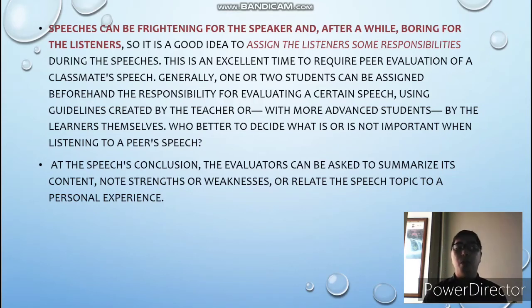At a speech's conclusion, the evaluators can be asked to summarize its content, note strengths or weaknesses, or relate the speech topic to a personal experience. So there is a freedom. You give free speech to the students, wherein they would be able to relate their own personal experiences.